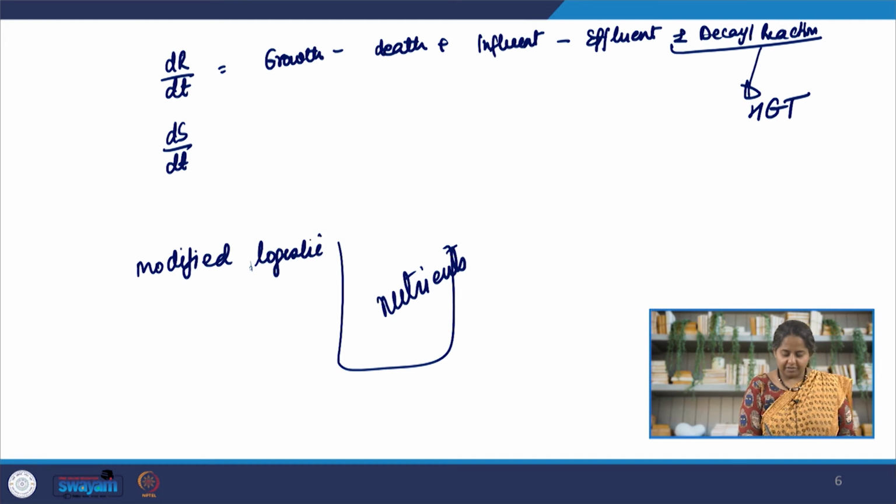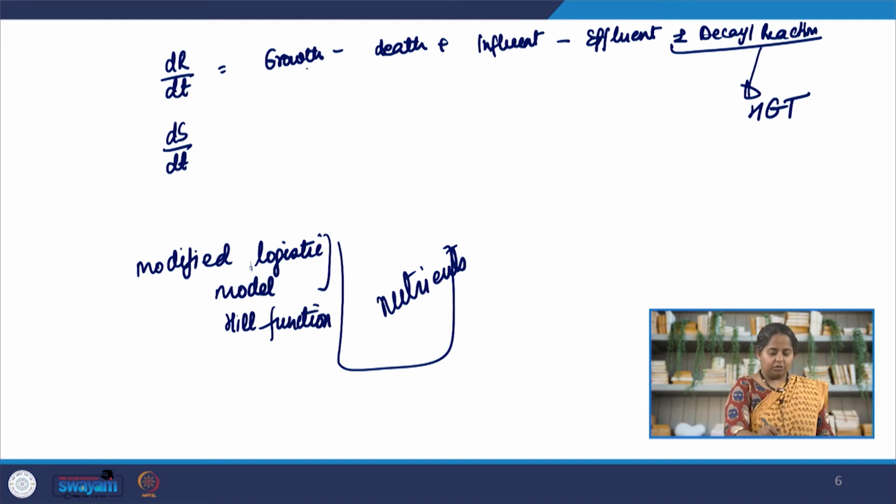Thankfully for us, in multiple studies, people have figured out what kind of modification works well when we are adding antimicrobials in the mix. And the modified logistic model that we are going to use, that the authors used, and which typically we use, is the modified logistic model with Hill function. And I will show you what this looks like in a bit.